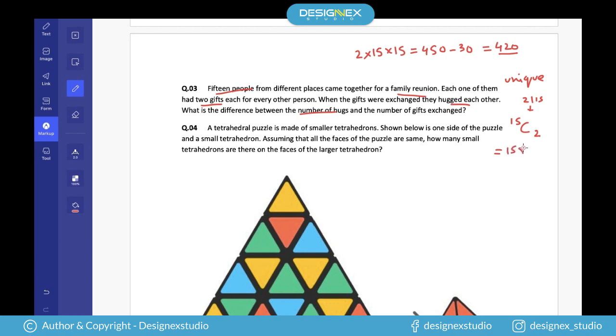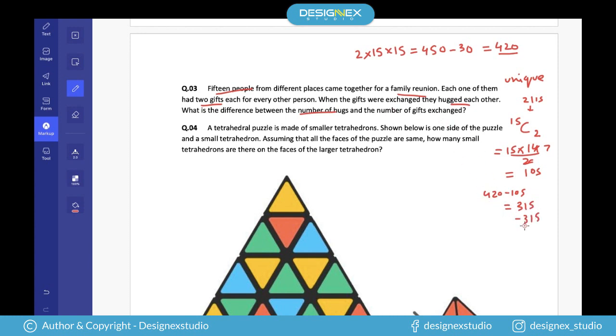That turns out to be 15 into 14 divided by 2, that is 105. So the answer would be number of hugs: 420 minus 105, that is 315, or 105 minus 420, that is minus 315.